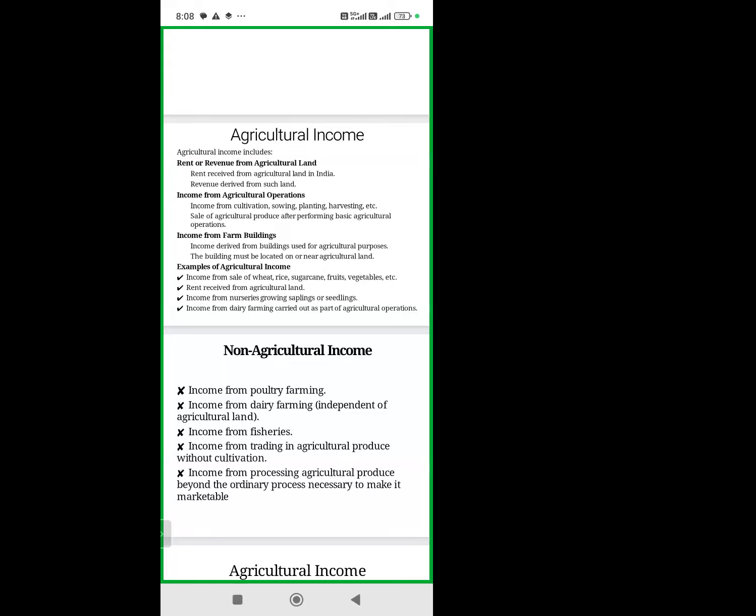If I have cultivated and traded it, then it is considered under the head of agricultural income. But without cultivation, if I'm doing only trading, then it will not be considered as agricultural income. Income from processing of agricultural produce beyond the ordinary process necessary to make it marketable.